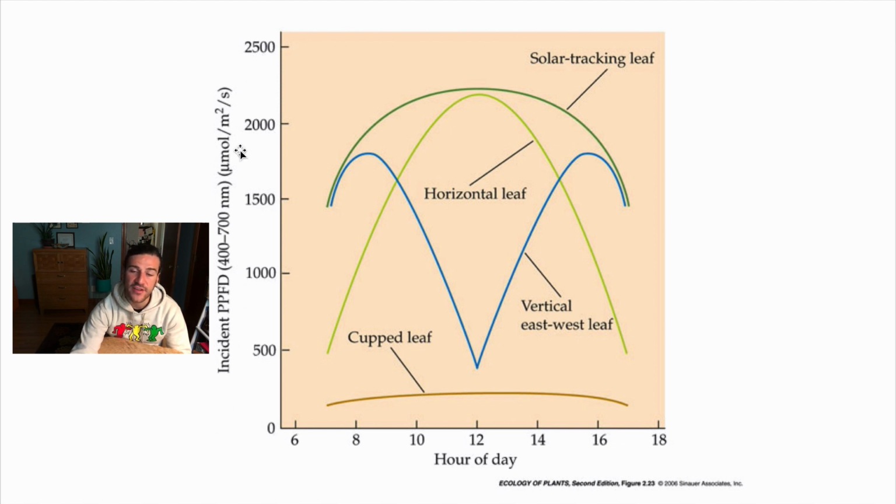There is a specific region of radiation that plants utilize from the sun, and that is 400 to 700 nanometers. So horizontal leaves receive the most radiation at 12, right? Vertically oriented leaves receive the lowest radiation at 12. So just the leaf shape changes the amount of radiation and as well the amount of heat.